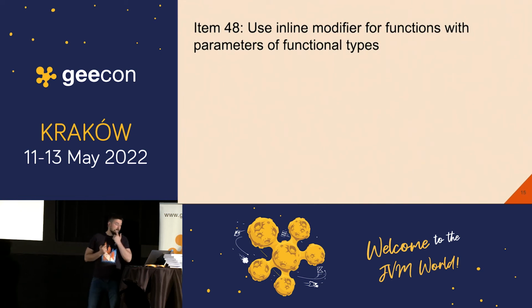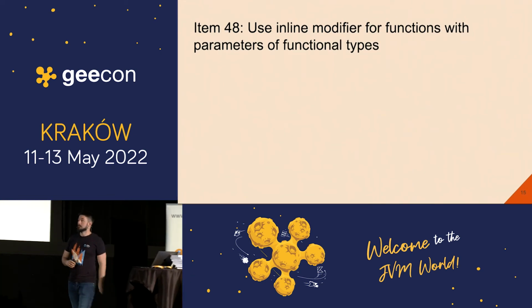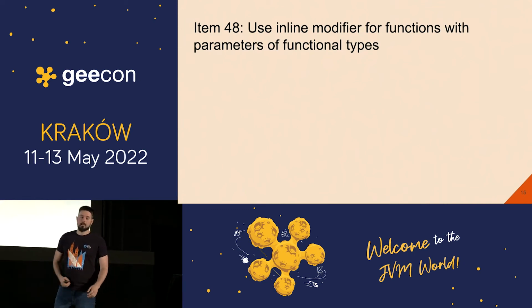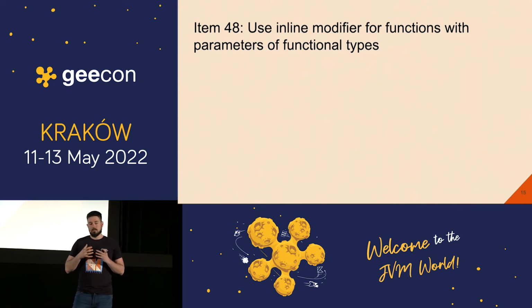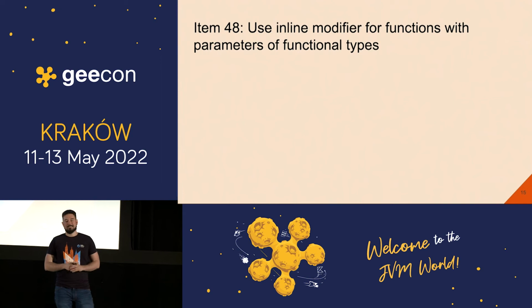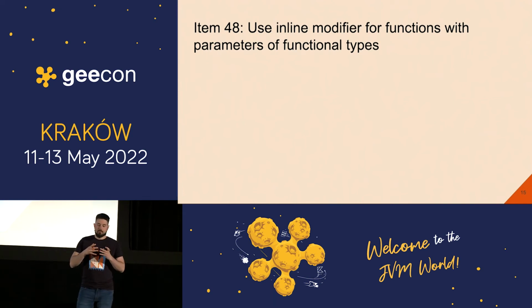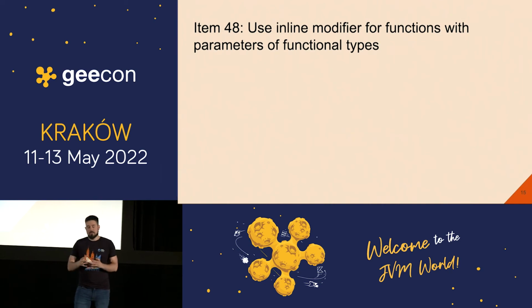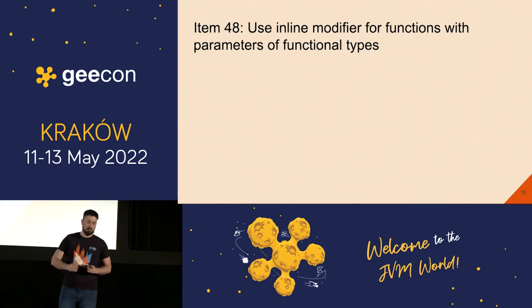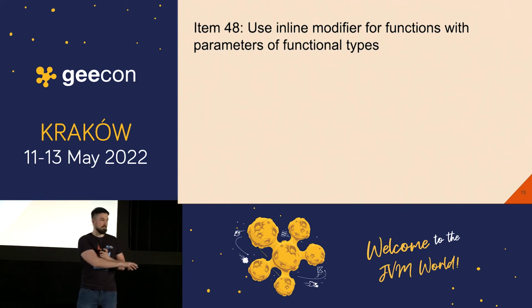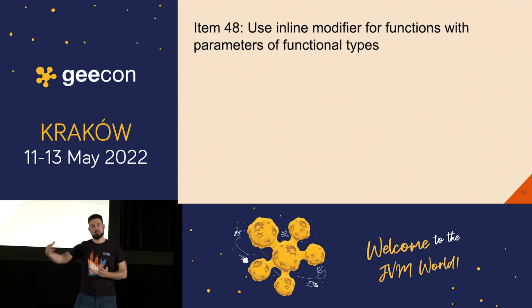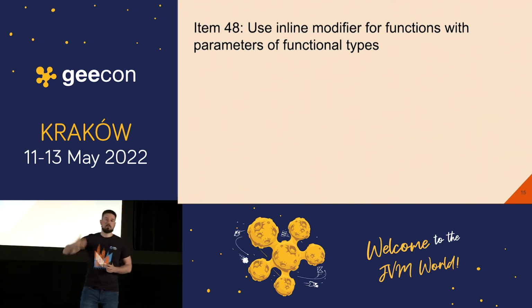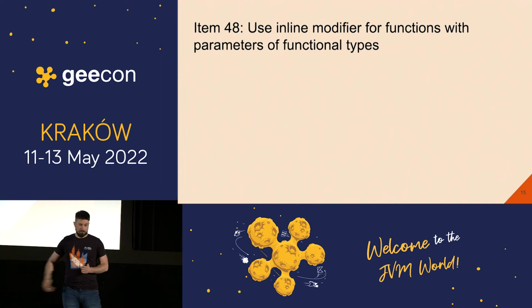Okay, the next item I would like to describe is the inline modifier. If you go back about 10 years, in Java the way we processed collections was still pretty primitive, because to introduce modern collection processing, we need to use functions as objects.